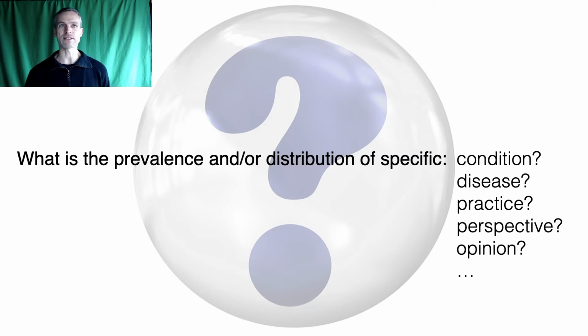The term prevalence simply refers to how common or rare something is. And it's often reported in a number per 1,000 or per 10,000. But you might see it as a percentage. X number of GPs believe or do whatever we're asking about.